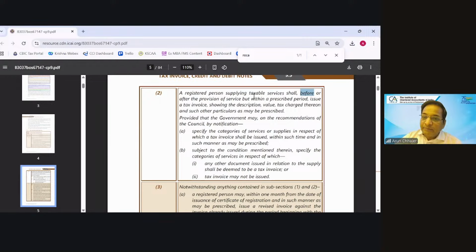But within a prescribed time, issue the tax invoice showing the description, value, tax charged, and other particulars as may be prescribed, provided that the government may, on the recommendation of the council, by notification specify the categories of services or supplies in respect of which a tax invoice shall be issued within such time and in such manner as may be prescribed.